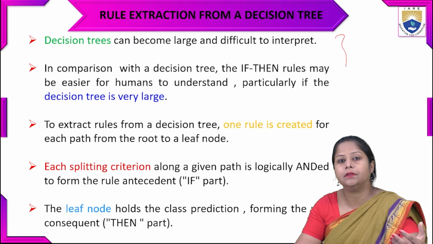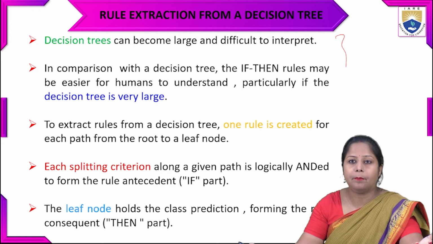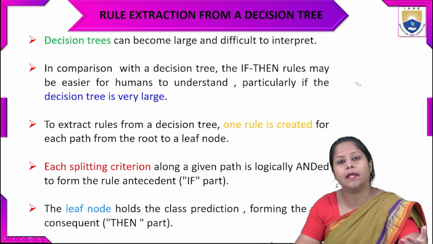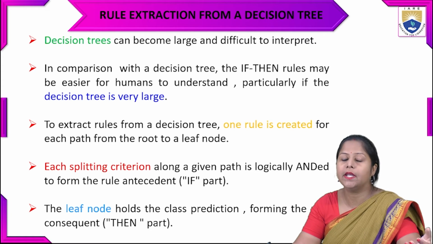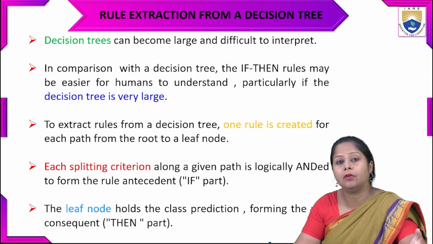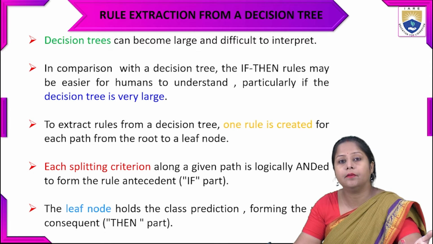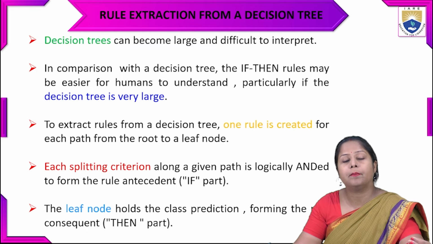On the basis of such rules, it will be easy to understand. In comparison with the decision tree, if-else rules can be easier for humans to understand, especially a naive end user who does not know what records are there or what the class labels are.